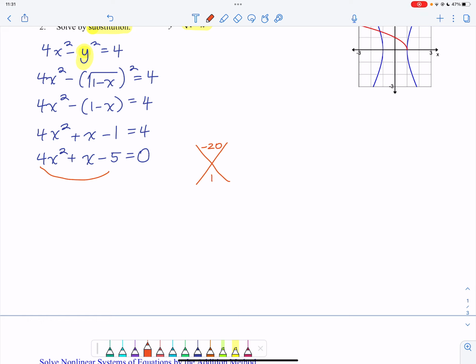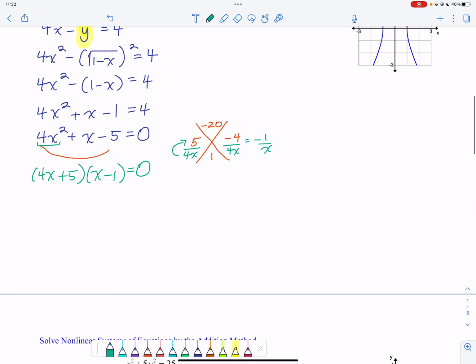That would be a positive 5 and a negative 4. So then what I do is I divide by the leading coefficient and an x. So I'm going to divide this by 4x and this by 4x. This is 4x plus 5, and this can be reduced to negative 1 over x, so that's multiplied by x minus 1 equals 0. So you may have your own way to factor, but I like to factor that way.